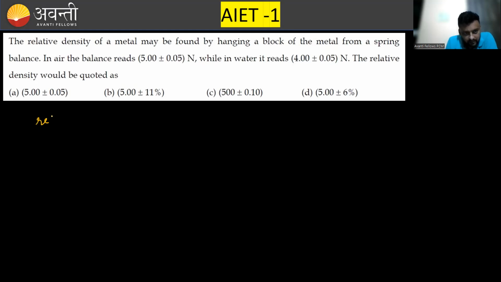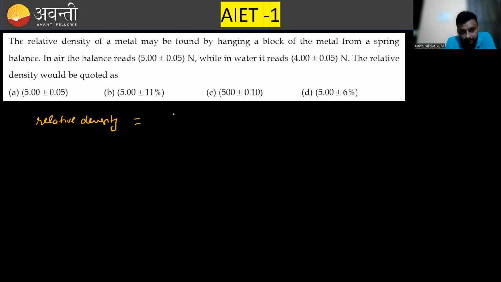What is relative density? What they are doing, they are reading something in air using a spring balance of a metal, obviously a metal piece. They are measuring its weight in air. Then they are measuring its weight in water and they are asking the relative density.